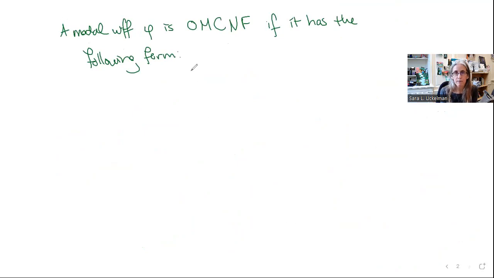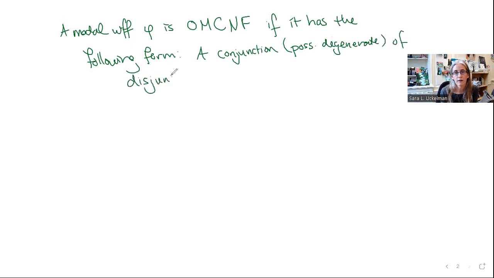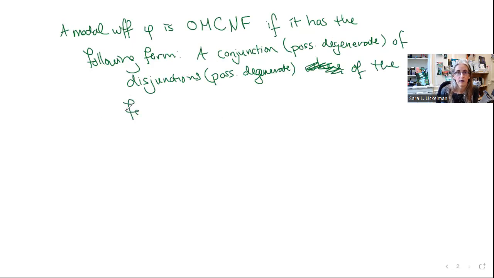So it is a conjunction, possibly degenerate, of disjunctions, possibly degenerate, of the form beta or box gamma 1, possibly with a bunch of others up to box gamma n, or possibly delta 1, possibly up to delta n.